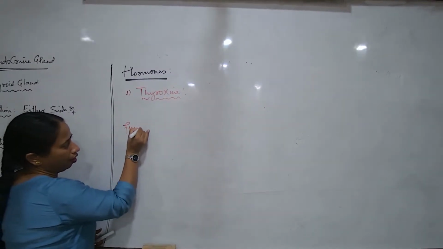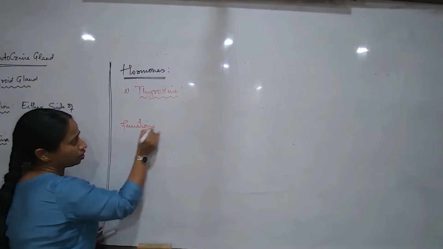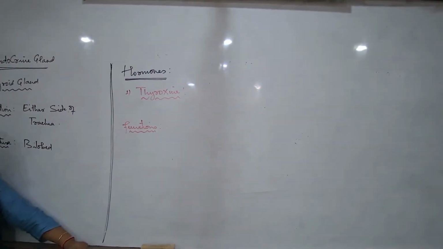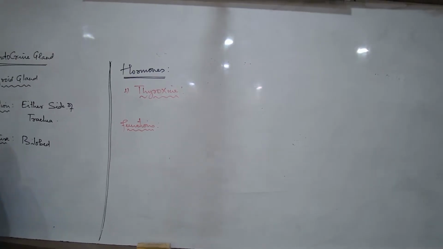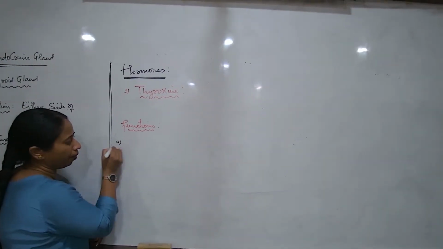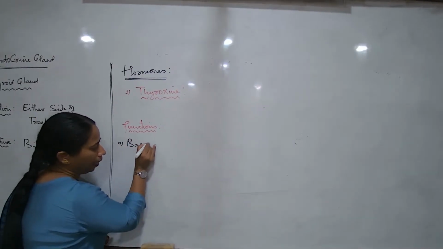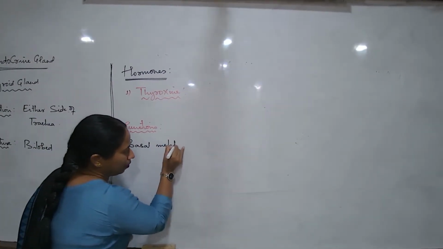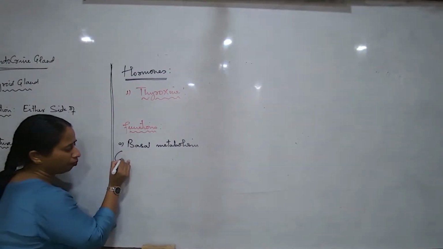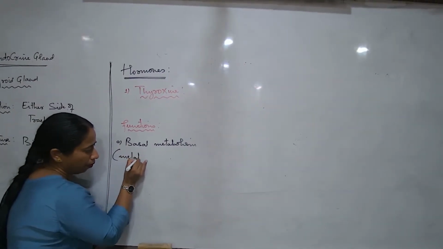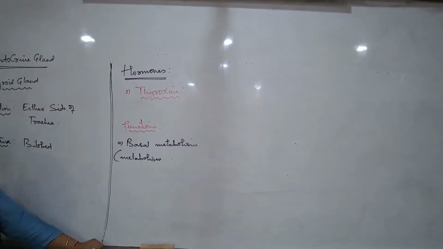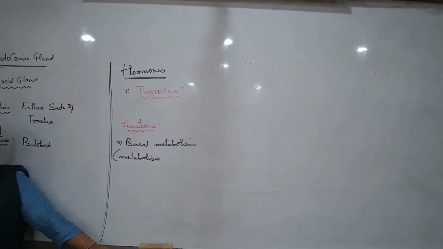Functions. What about the major functions of this hormone? Now this hormone has 3 major functions to perform. Number 1, it helps in the basal metabolism of the body. What is the meaning of basal metabolism? Basal metabolism actually involves a whole set of reactions taking place in the body.